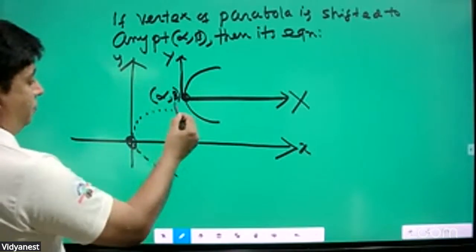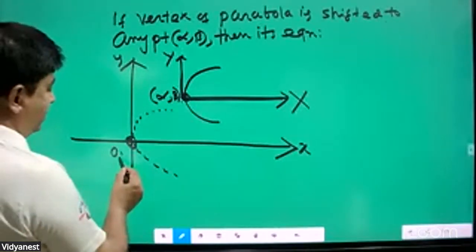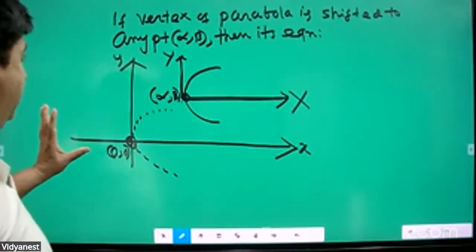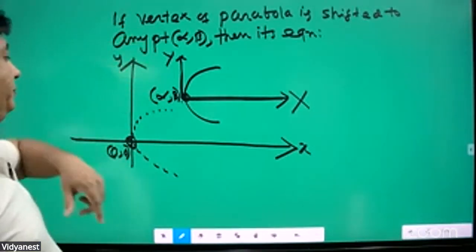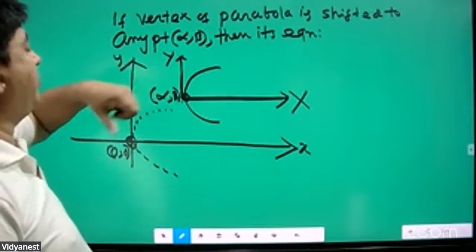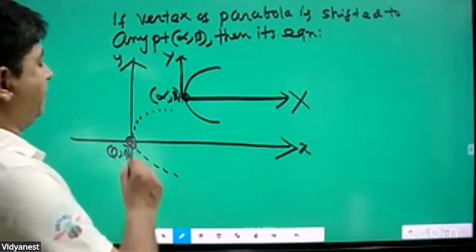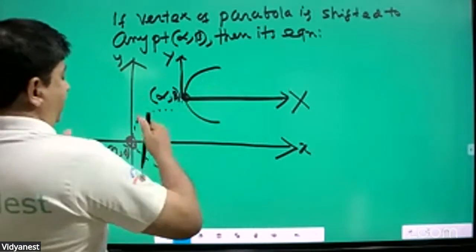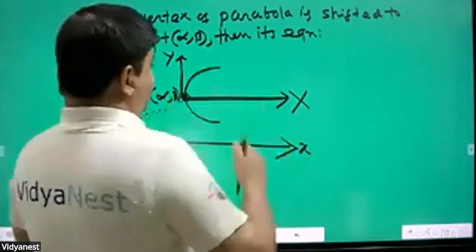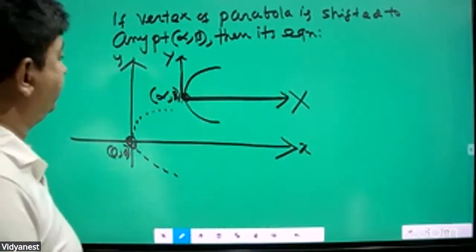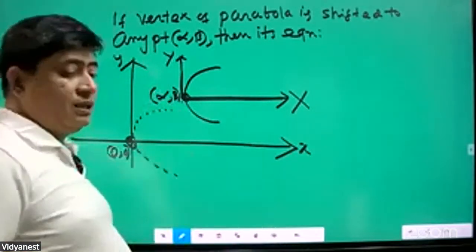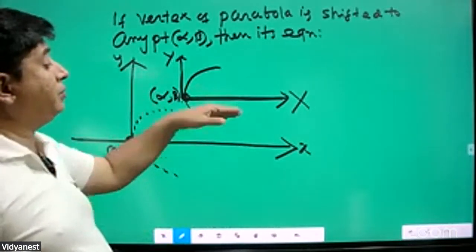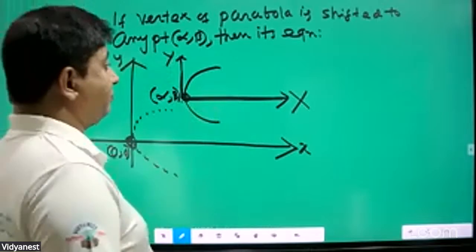new point. Here we had 0, 0. Previously, the vertex was at 0, 0. Now it is shifted to any point alpha beta. That means the parabola will remain the same, but the figure is placed at this place. Now its focus, everything will remain the same, but it will be measured with respect to the new axis.